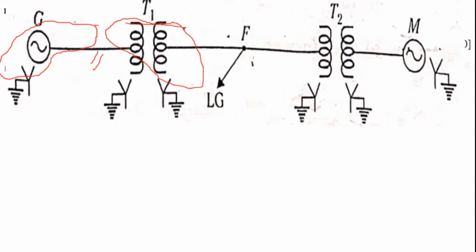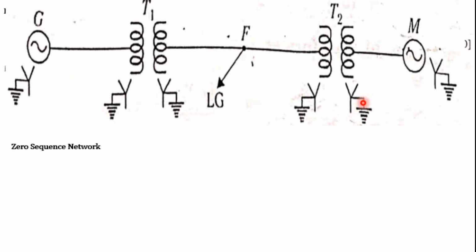To draw the zero sequence network diagram, we should know the one line diagram and how it is connected. Look at this: generator, transformer T1, transformer T2 and motor, everything is star and solidly grounded.